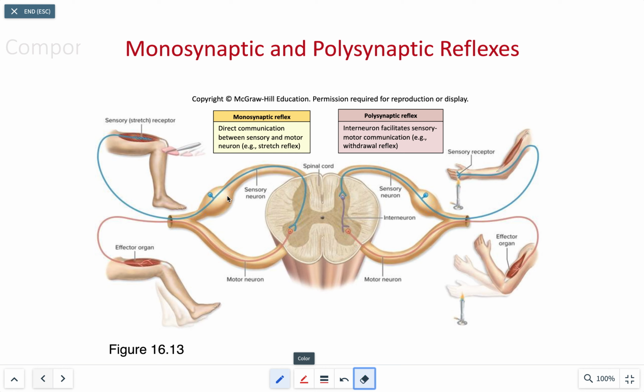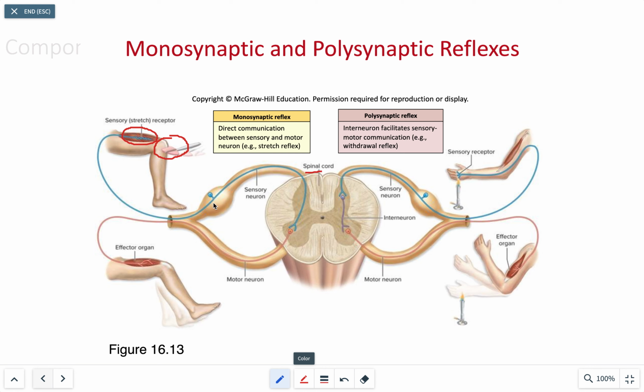One of the things that we do look at with reflexes is the components. The first thing that's always going to happen is there's going to be a sensory receptor. For example, here we're looking at the muscle spindle, a sensory stretch receptor. The impulse will then travel to the central nervous system or the spinal cord.